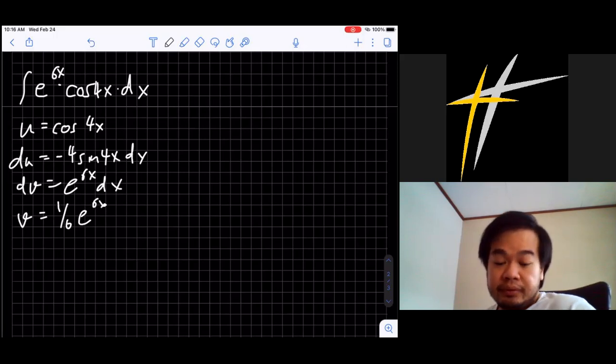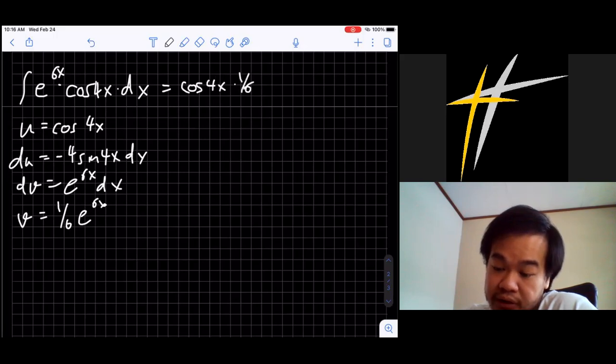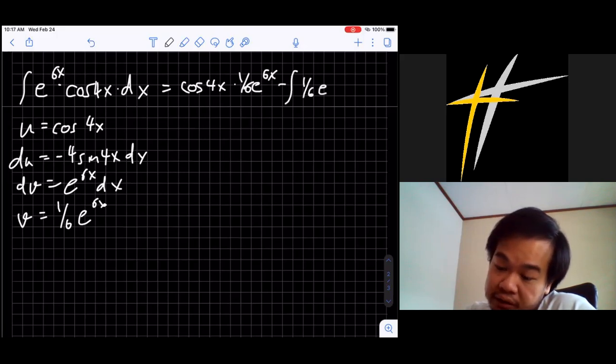Okay. So the first u times v will be cos 4x times 1 over 6 e power of 6x, u times v minus integral v du, negative 4 sine 4x dx.